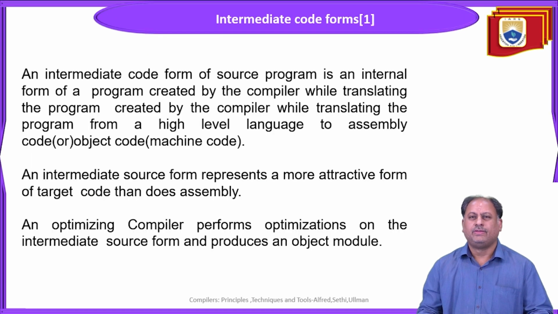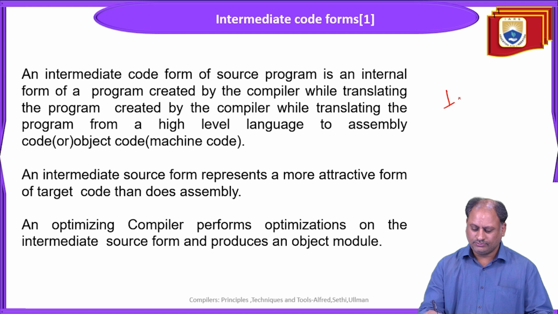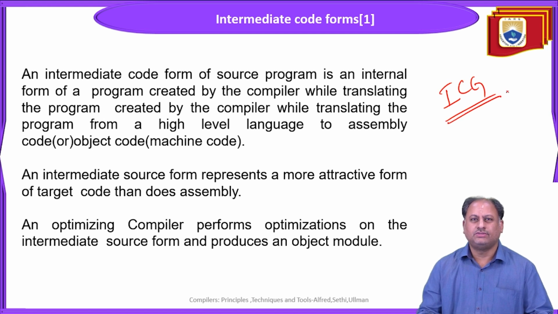Now here the intermediate code of a source program is generated by the intermediate code generation phase. We know that there are six phases of the compilation process: lexical analysis first, then syntax analysis, semantic analysis, intermediate code generation, code optimization, and code generation.